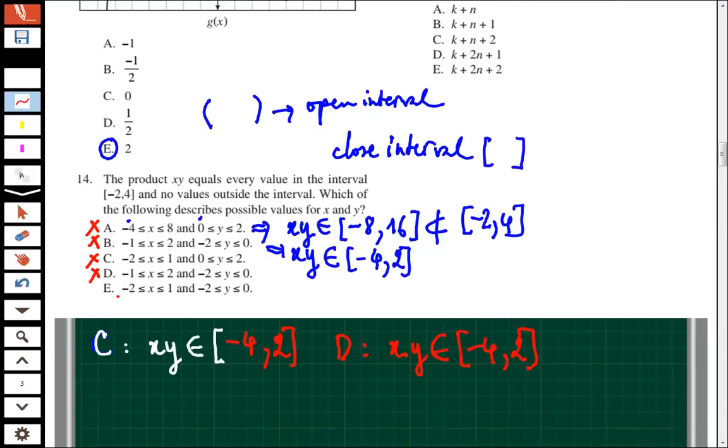I can be sure that it is option E. It takes -2 times -2, this is 4, and 1 times -2, this is -2. So -2, 4. Option E is the final result. So that is question 14.